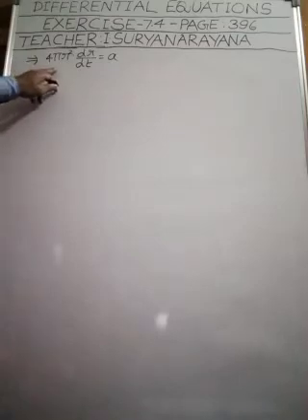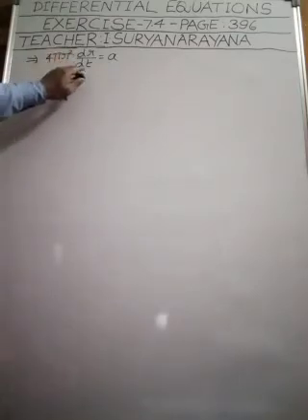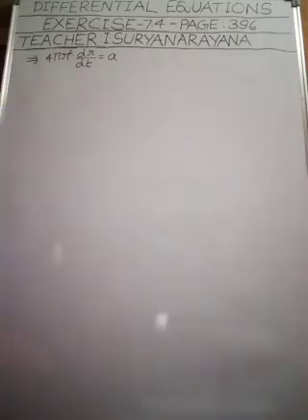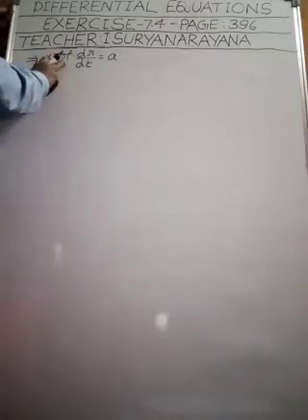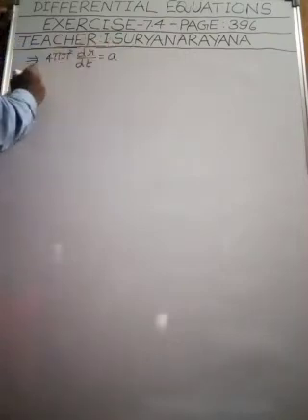So I have written that last step again. 4 pi r square dr by dt is equal to A. Okay, my children? Now this is a differential equation. Let us solve this differential equation by separating the variables. Here the function is in r, there is no function in t. So let us move this one to this side.